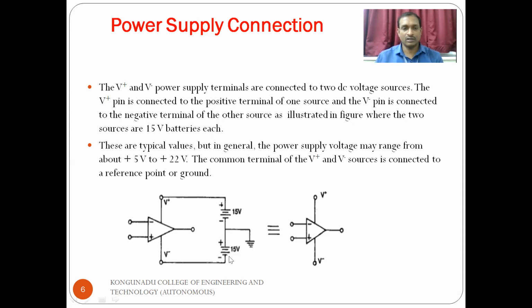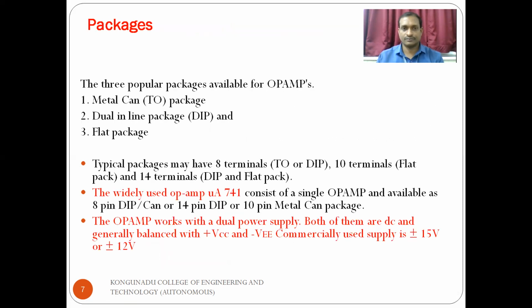The first DC source negative terminal and the second source positive terminal are connected to the ground. We provide plus VCC and minus VEE. Generally, the typical power supply range for the operational amplifier varies between plus 5 volt to plus 22 volt. Commonly we use plus or minus 15 volt or plus or minus 12 volt.